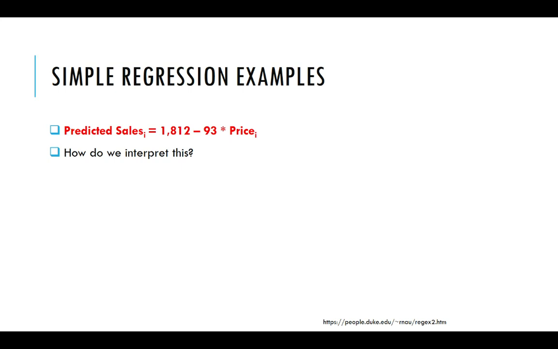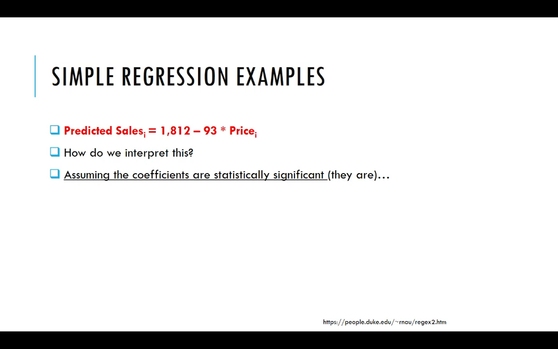So how do we interpret this? Now, assuming that the coefficients are statistically significant, which they are, but we haven't really talked about statistical significance in our regression results yet, so we're going to assume they are significant and just jump into interpretation.